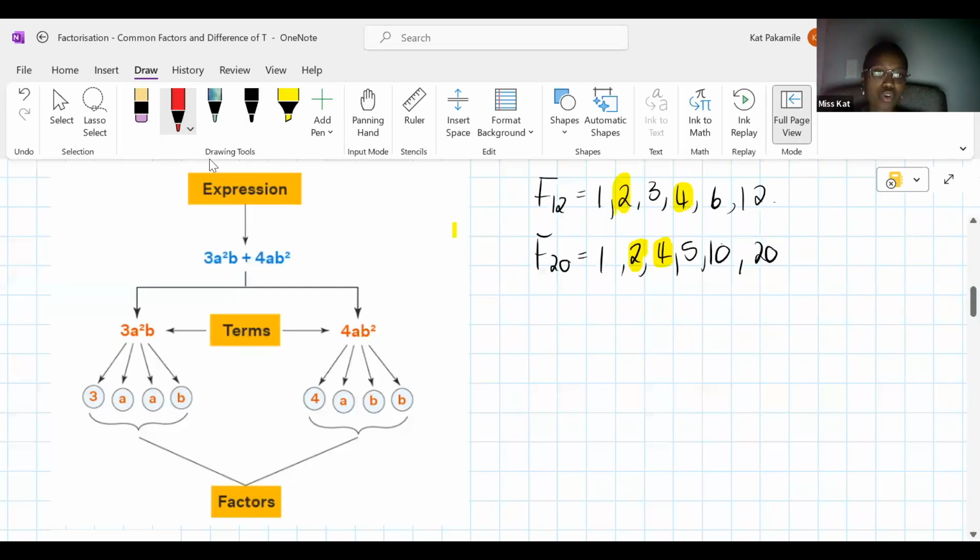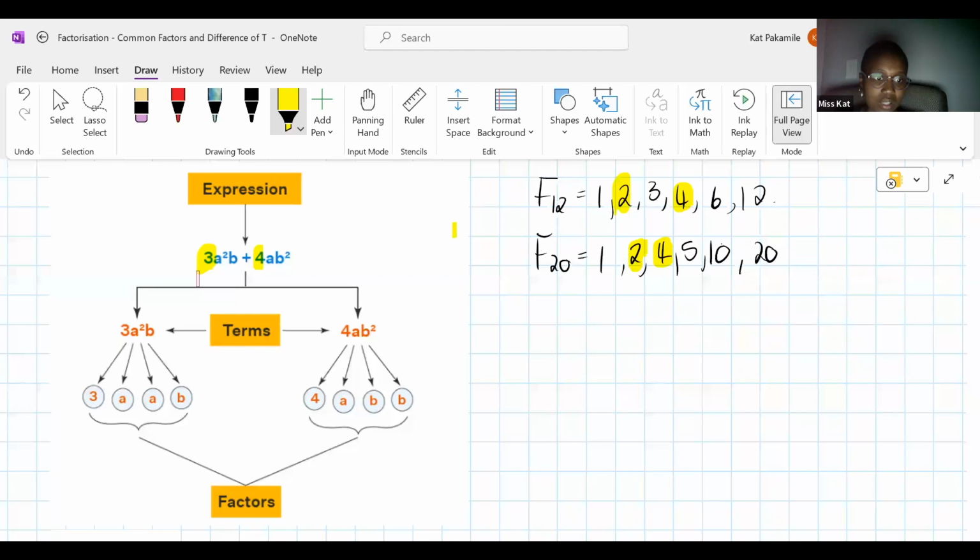We should know by now that expressions are terms which are separated by pluses or minuses. Okay, so in our two terms, we are looking for common factors. So you first have to look for a common factor between the numbers and then between the variables.